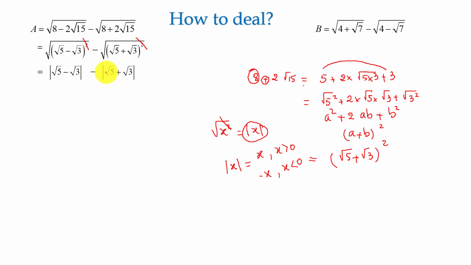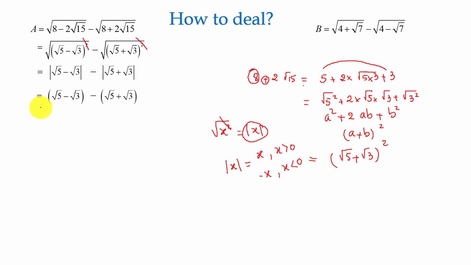So square root 5 minus square root 3 is positive, so we can write it as square root 5 minus square root 3. And square root 5 plus square root 3 is also positive, so we get minus square root 5 plus square root 3.